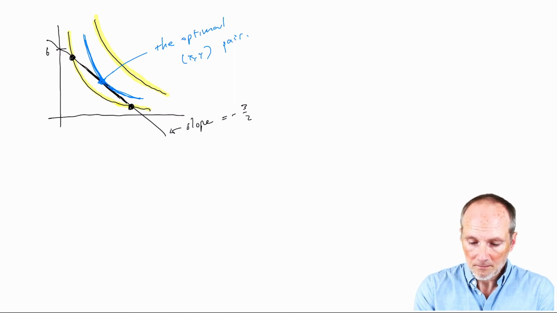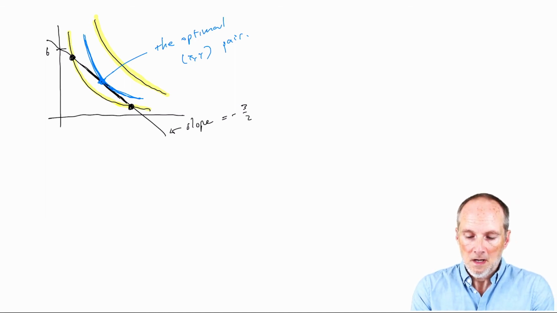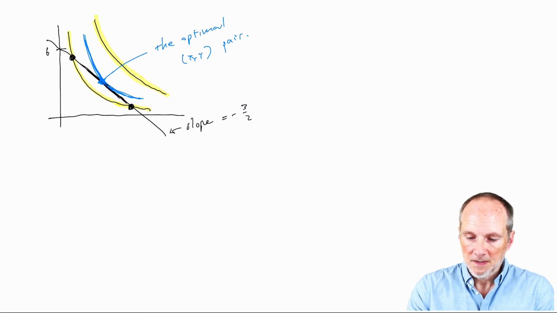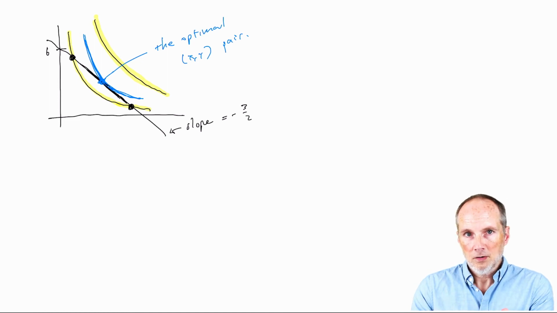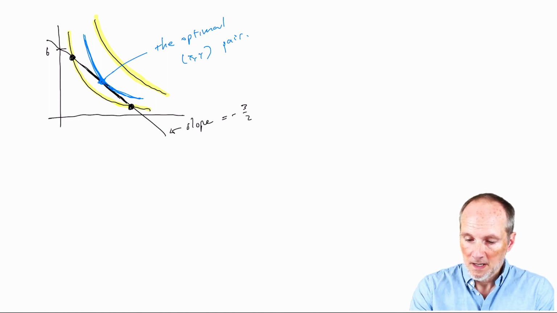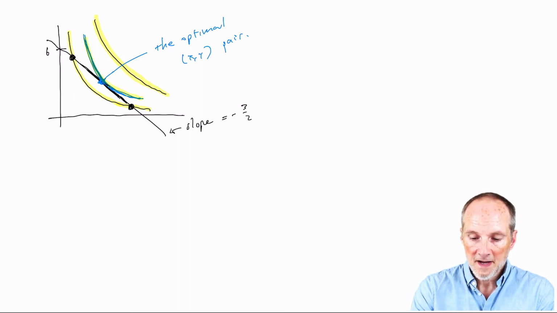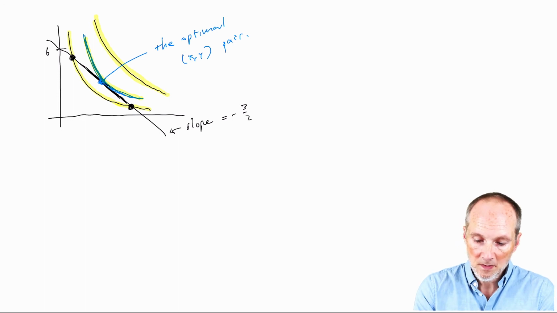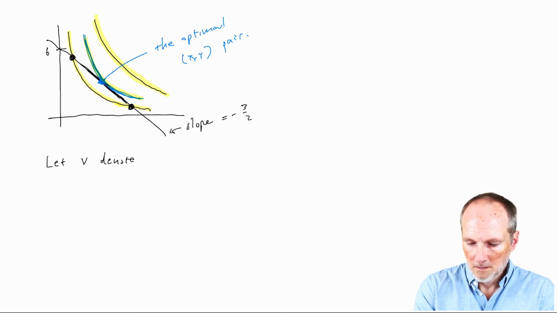So what are the conditions that the optimal pair has to satisfy? Well, for this, let me just notice that it's going to be on this curve that represents the highest attainable value of the function. Let me give that highest attainable value a name, or some notation. Let's let V denote the optimal value of the objective function.